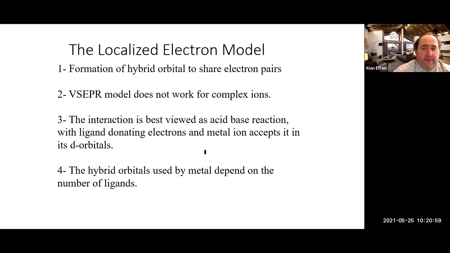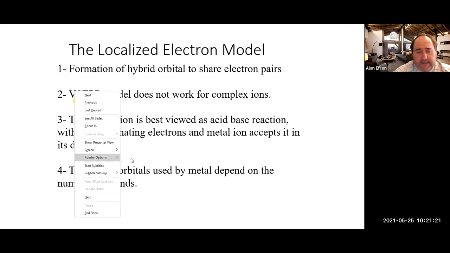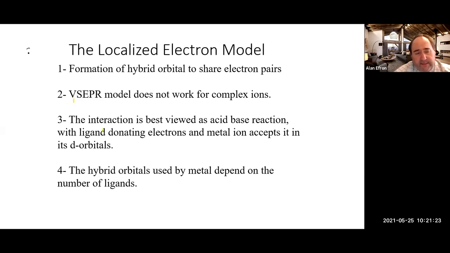We're now going to talk about bonding in complex ions and where the electrons end up when we start adding ligands in. So, the formation of hybrid orbitals to share electrons. You might be familiar with hybrid orbitals, things like sp, sp3, where we mix those atomic orbitals to form hybrid orbitals.